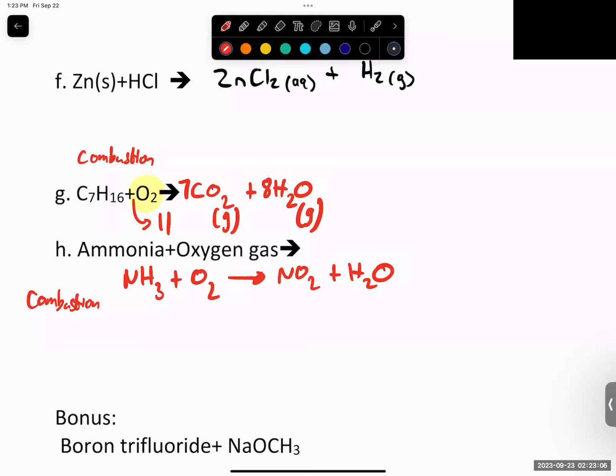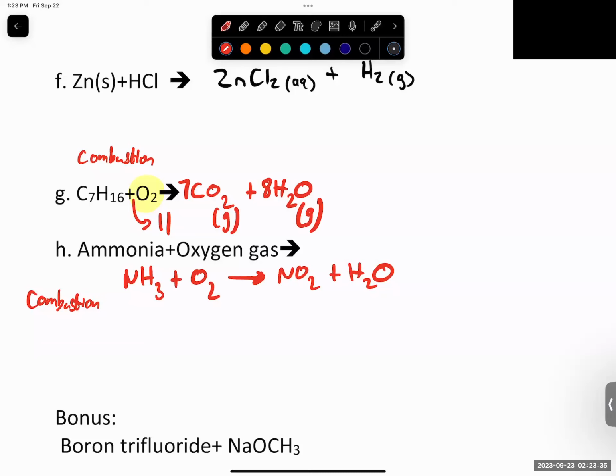Wait a minute, I thought combustion reactions only had carbon dioxide and water as the products. Yeah, that's the 95%. This is the other 5%. Honestly, it's because you can't spawn a carbon from nowhere. There's no carbons on my reactant side, so there's no reason why there should be a carbon on the product side. So instead of CO2 for this one, it's NO2. And the same principles of balancing apply.